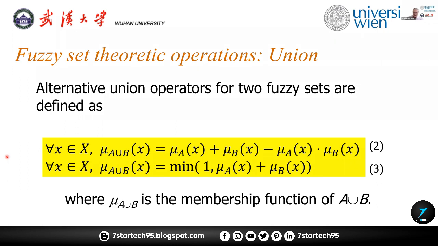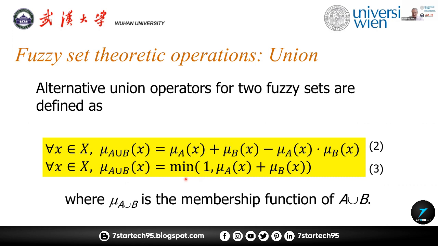So one operator calculates the union by taking the sum of the membership values minus the product of the membership values. So you see here the membership value for A plus the membership value of B minus the product of the membership values of A and B. So this is another way of computing the union of two fuzzy sets.